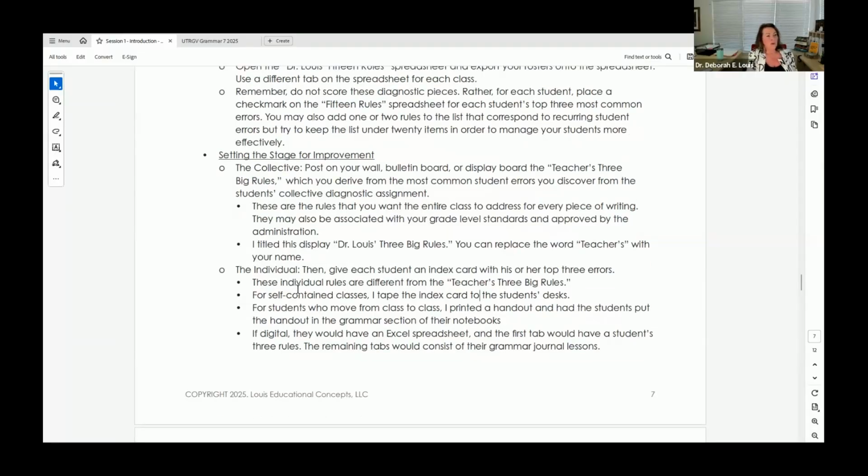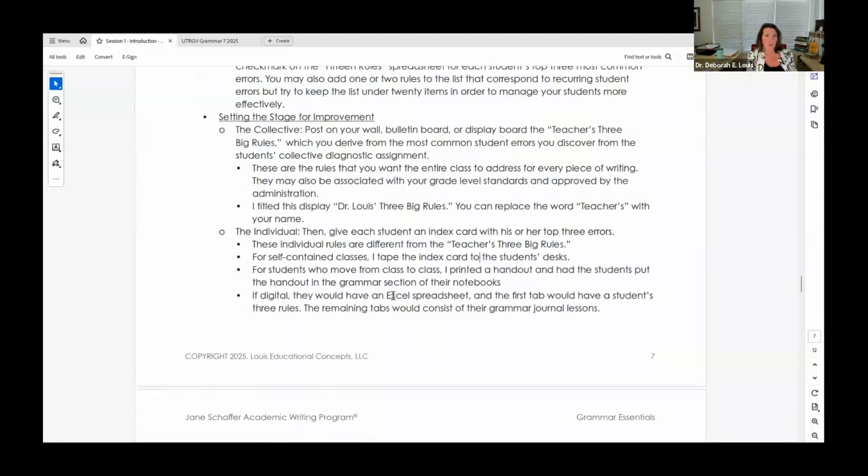So for the individual, what you're going to do is give each student his or her 3 rules. So you're going to give each student an index card with his or her top 3 errors.